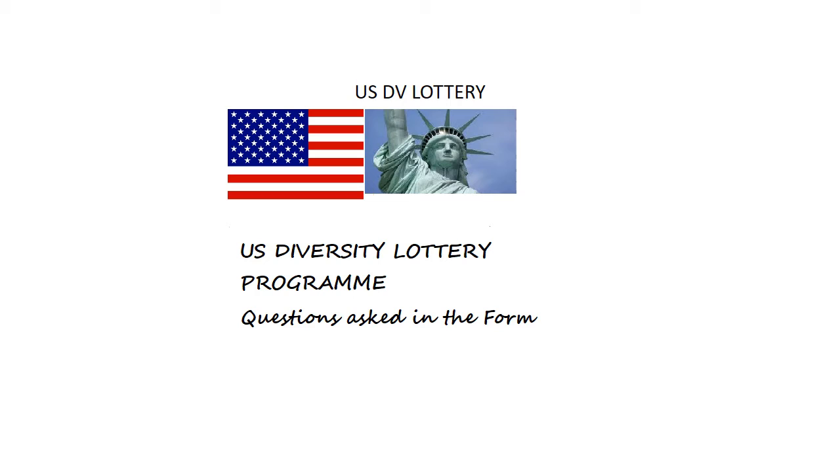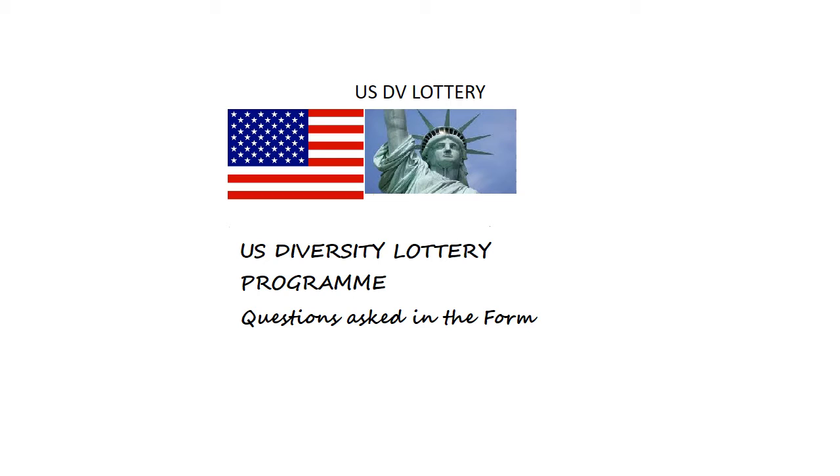The questions that are asked in the form: the first one is the name. Last name or family name, first name, middle name. You will have to fill exactly as it is in your passport. Second one, gender, male or female. Birthday, day, month, year.